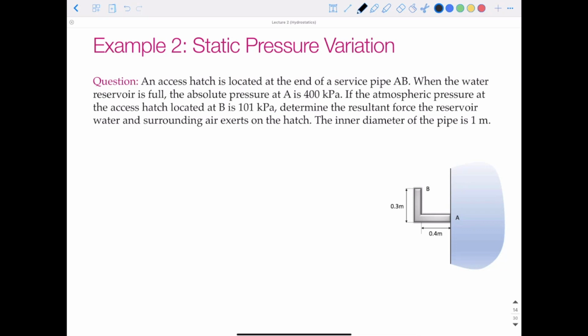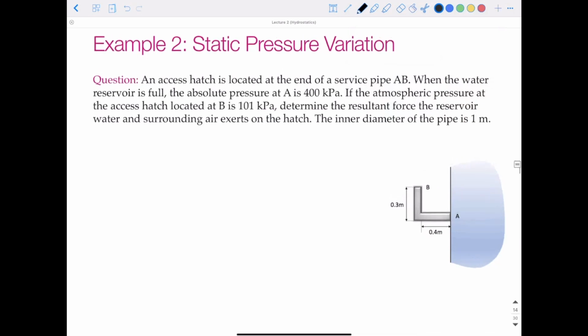Or actually, yeah, 1 meter. So let's first draw what exactly this is telling us. So we have our reservoir, there's some access, and we know that on the hatch, it is open to the atmosphere on the other side.